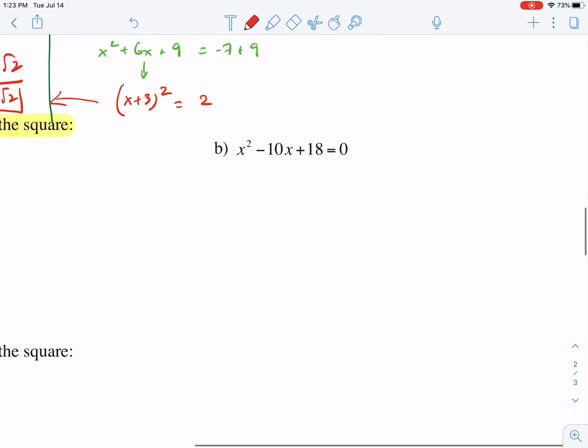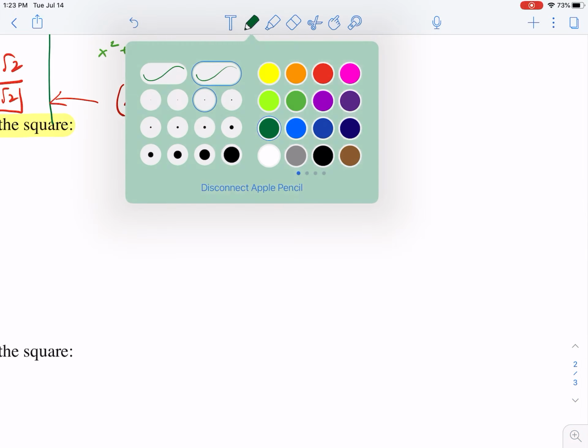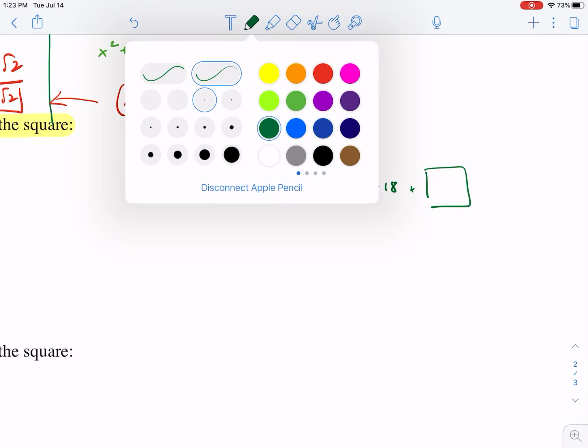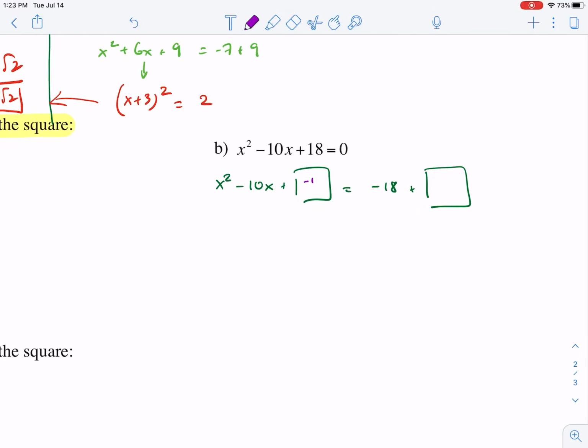Let's do part B. If I want to solve this by completing the square, first I bring the constant to the other side. And I'm going to add the same number to both sides. The number I'm looking for is half of the middle term's coefficient, and then square that.